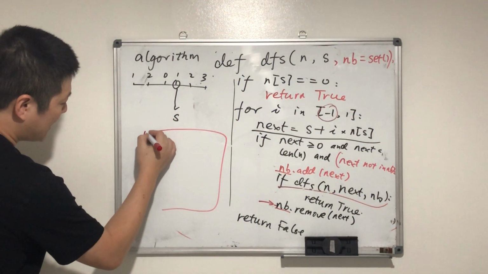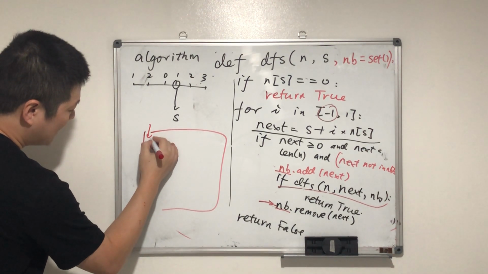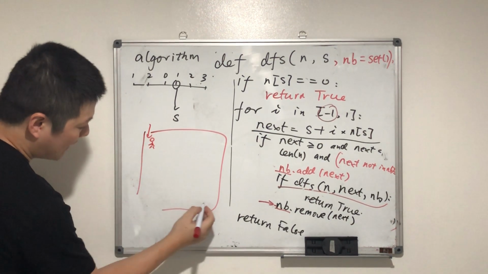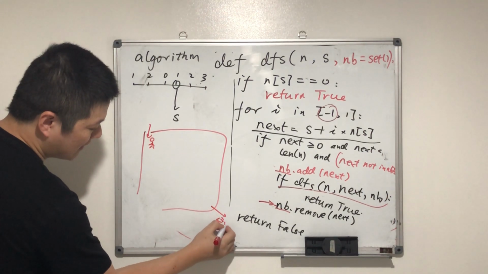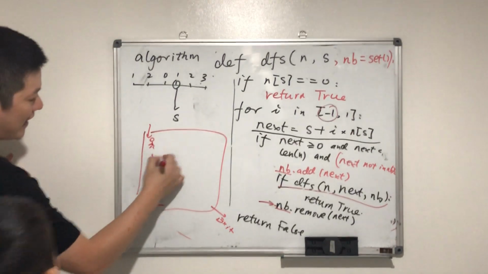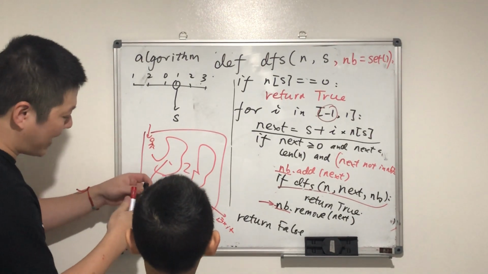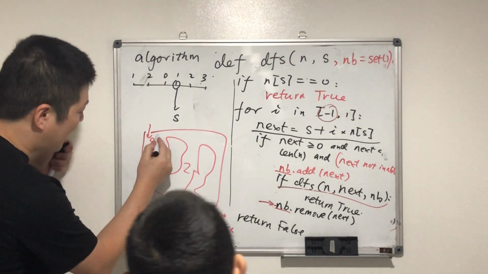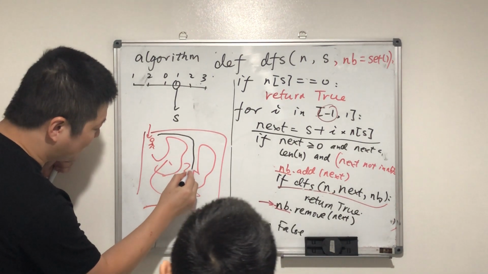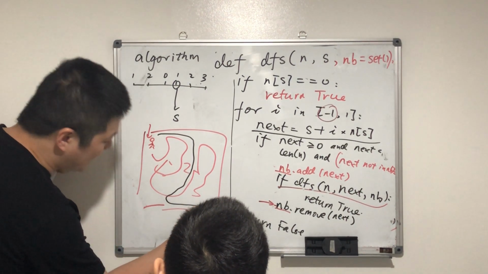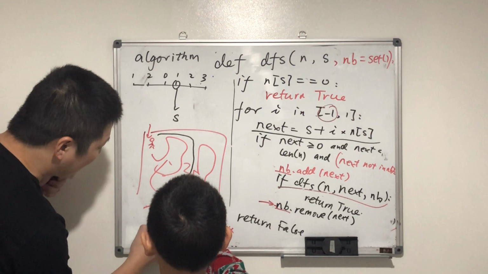You are entering here, and here is the exit. And then there are some paths here. Depth first search is that: if you can find a path, you just go as deep as you can, until you find it.